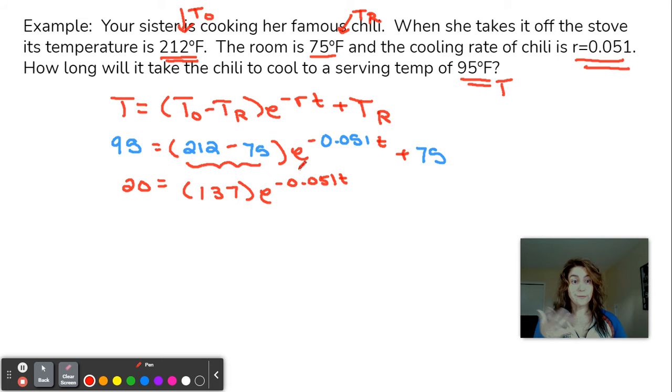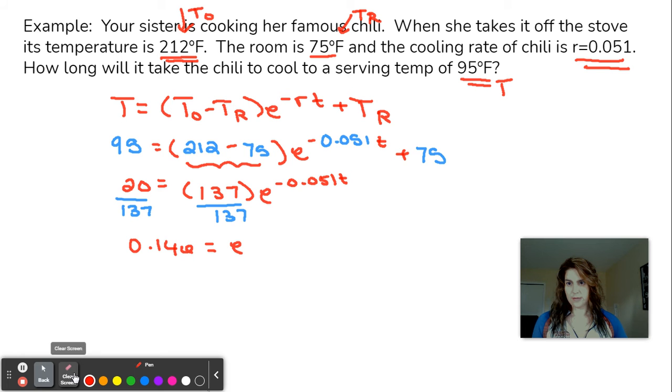All right. So again, from here, the goal is to get T by itself. So I can divide, get rid of this coefficient. Okay, I'm going to divide that. Again, I'm going to stick to the 3 decimal place rule. Oops, no more E. I don't have any eraser button anymore on this.